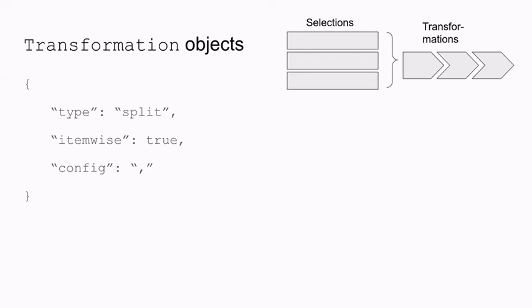Or if it is the date transformation, then the configuration is going to say which locale we're using to try to transform the natural language date into a formatted date. So if we are working with a Spanish web page, then the configuration is going to be ES for Spanish. But if we're working with an English web page, then we're using EN.